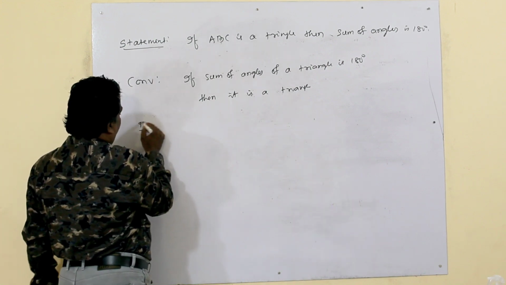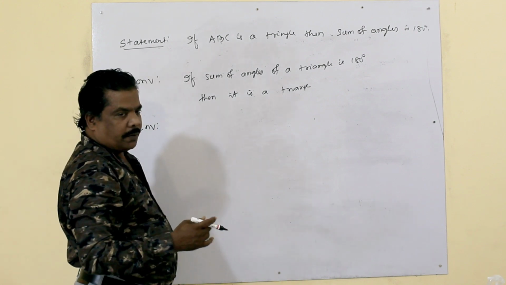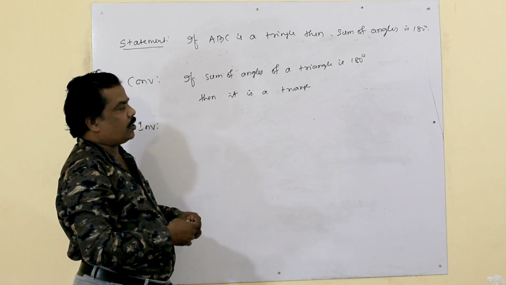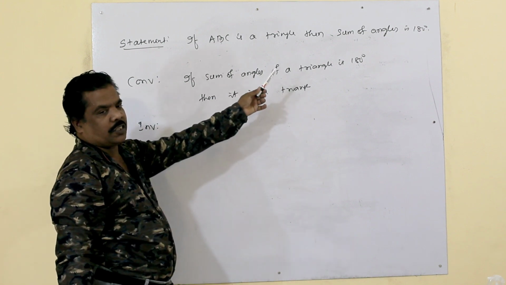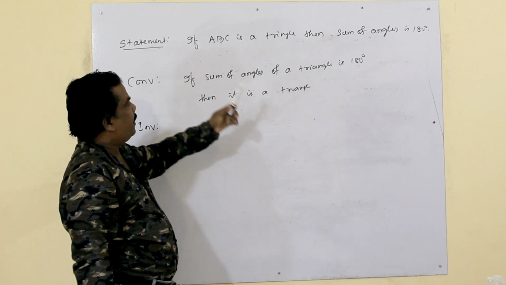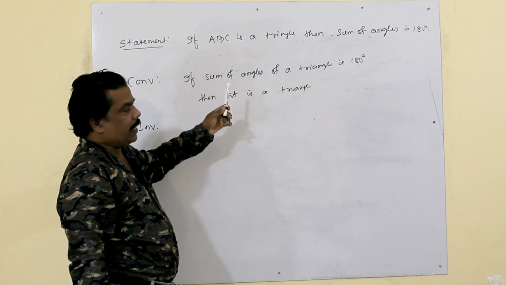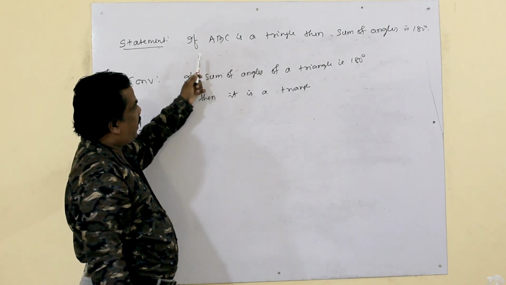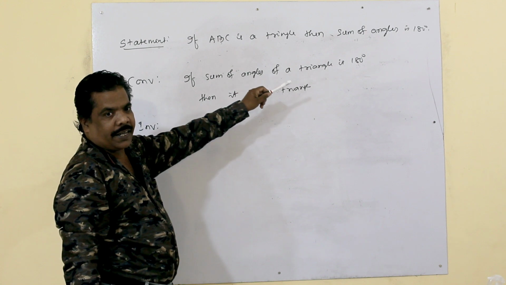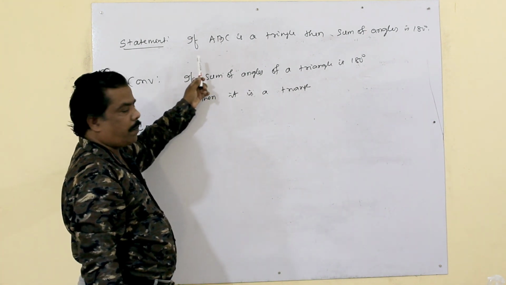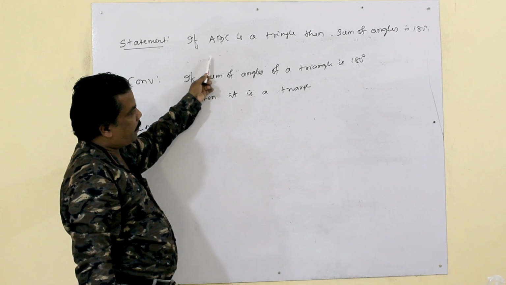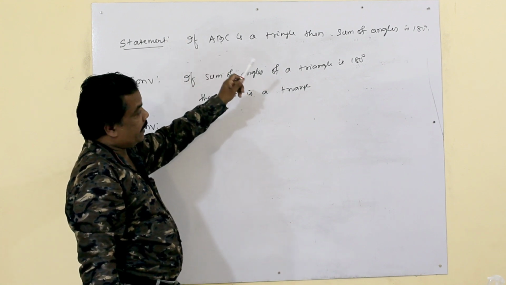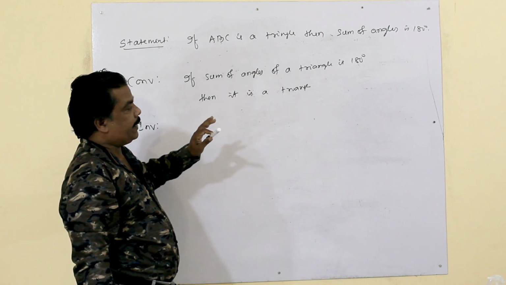And inverse of P implies Q is negation P implies negation Q. That is, if ABC is not a triangle, then sum of angles is not 180 degree.